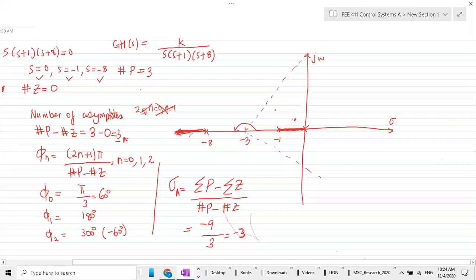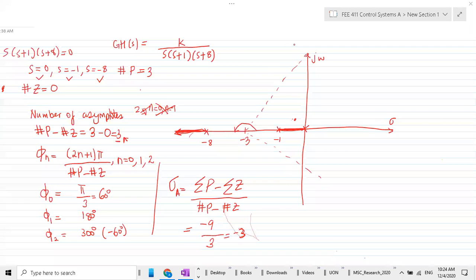So our root locus will pass along these lines. Is that clear? Someone was asking yesterday about these lines. Before I proceed, is that clear?